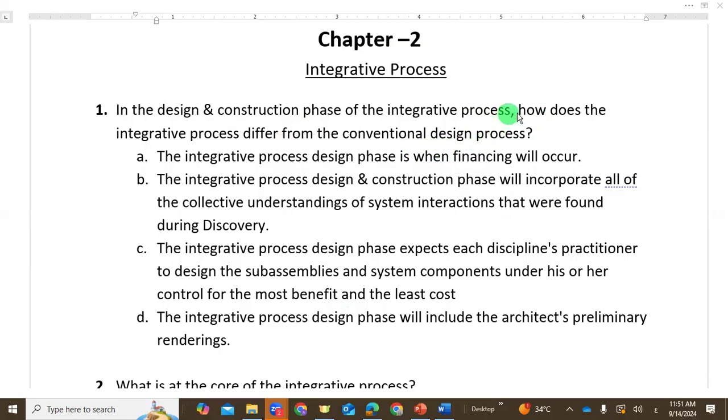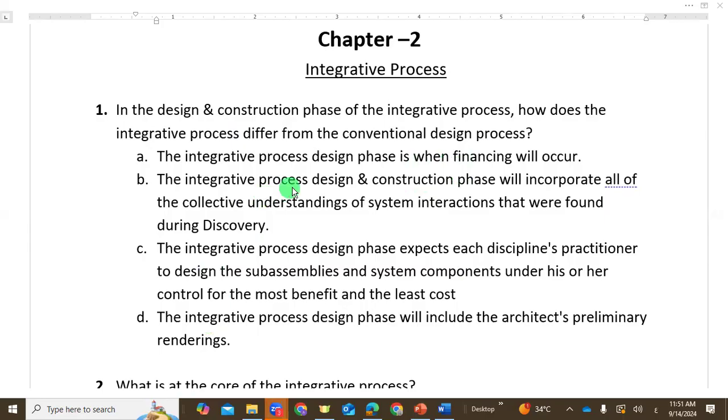So I think this question should have started from here: how does the integrative process differ from the conventional process? What is the difference between the integrative process and the conventional process that we have just now? That is the question. Now you can read the multiple choice. Is the integrative process when financing will occur? Of course not.